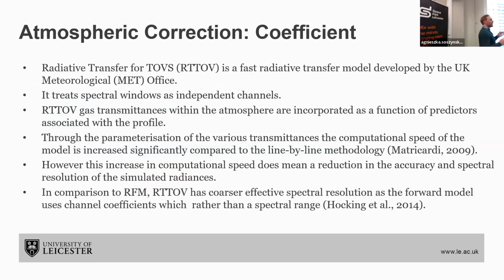So then we go on to a more coefficient-based model. This one, again, I'm going with what I'm familiar with, RT-TOF. Here, it directly already goes to the spectral window, so you don't do this at the full spectral resolution. You give it your ISRF that we looked at before, and it calculates coefficients.